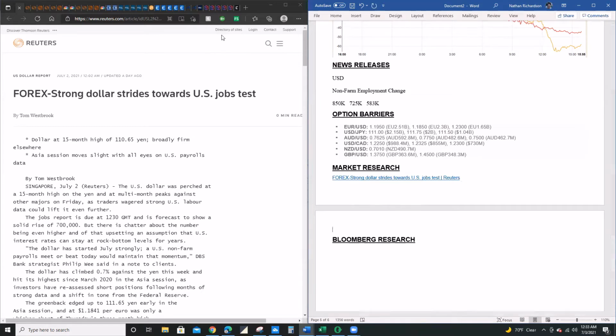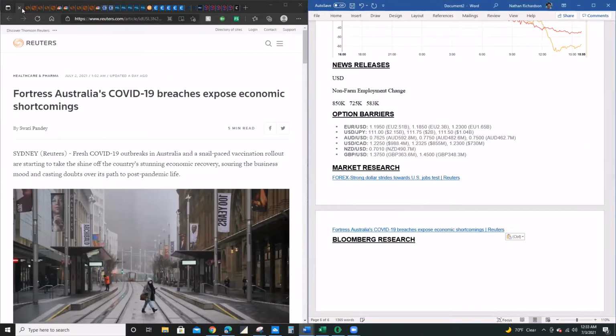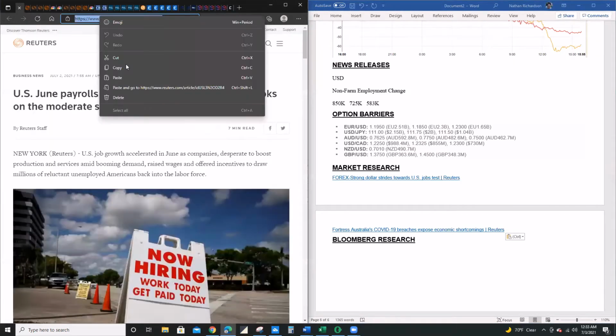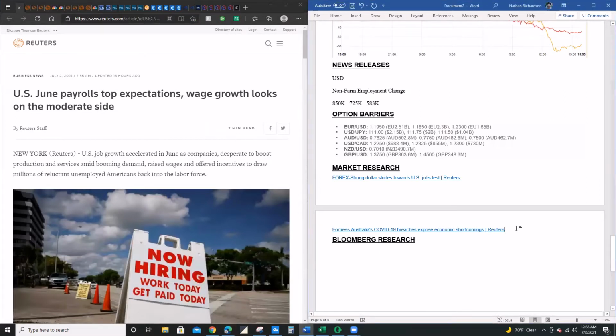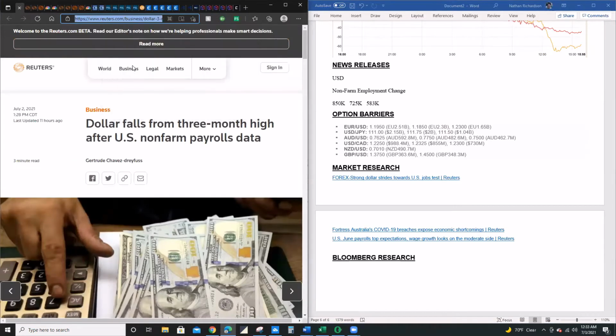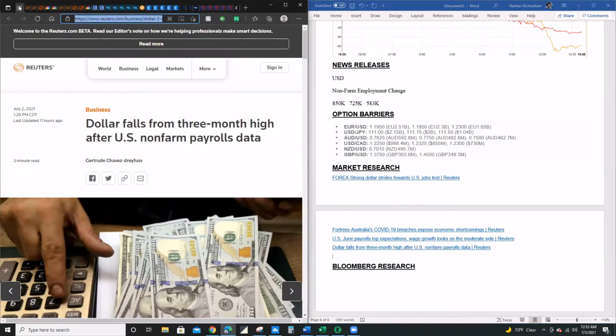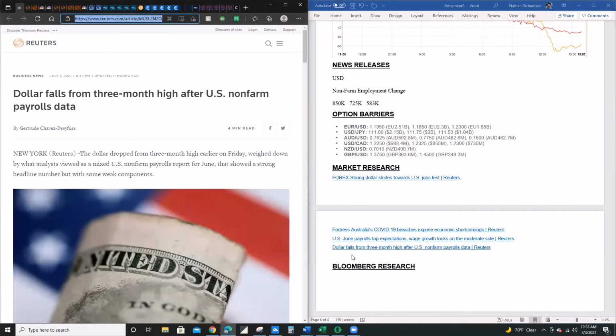Yeah, I mean, it was all about NFP today. Show more charts of that in a second after. So even with just not even going into the article yet, when you just read the headlines, they're all the same.